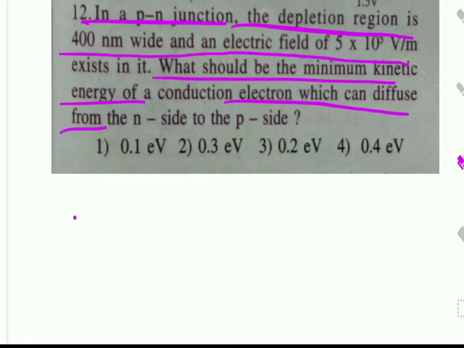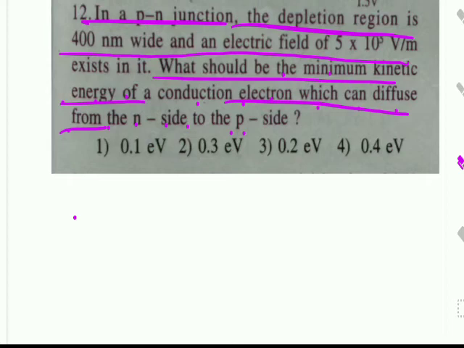Okay, he is asking what should be the minimum kinetic energy of a conduction electron which can be diffused from N side to P side.